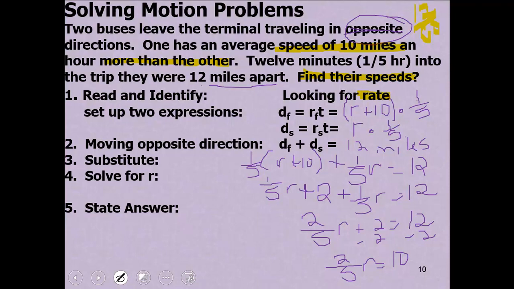I like to do it in one step. Many of you like to do it in two. If you want to do it in two, you're going to multiply both sides by 5. So you would have 5 times 2/5 R equals 10 times 5. These are going to cancel, so you get 2R is equal to 50. R is equal to 25.